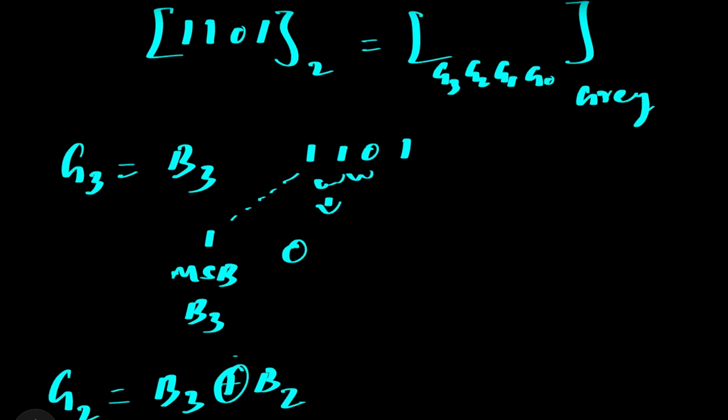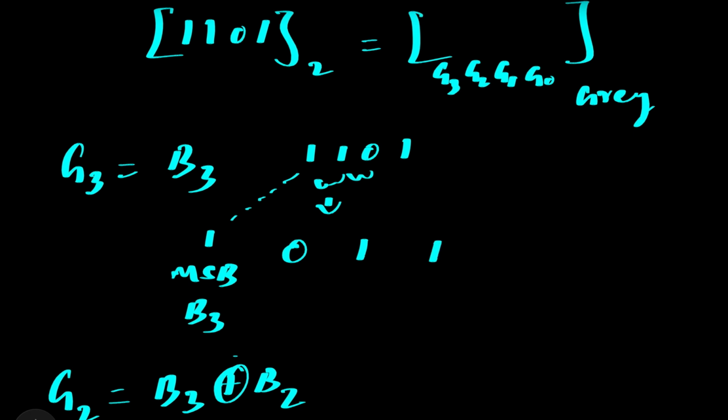If any one of the inputs is 1, then the XOR output will be 1. Now bit 1 XOR bit 0, and again 0 XOR 1 is 1.